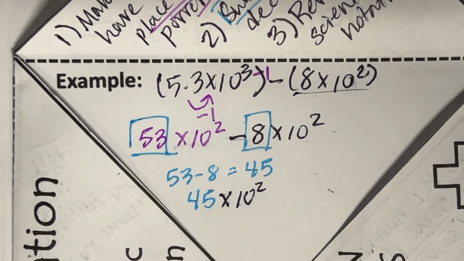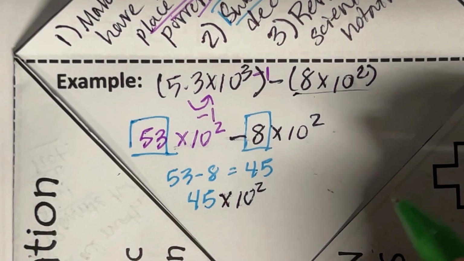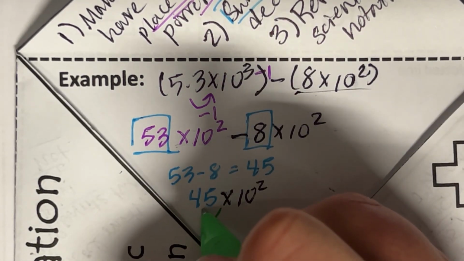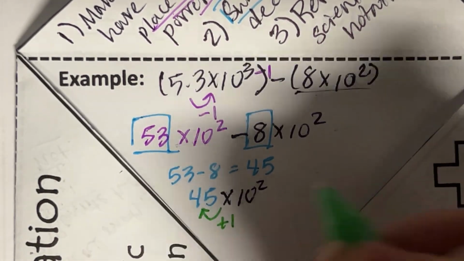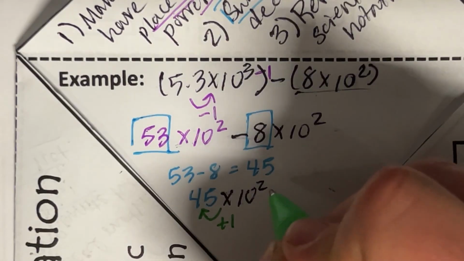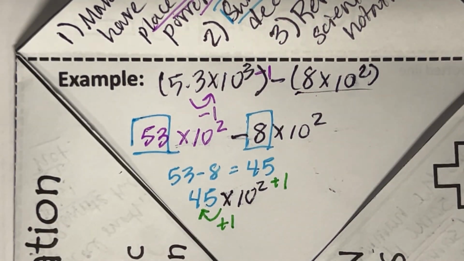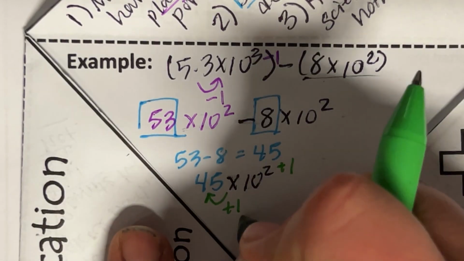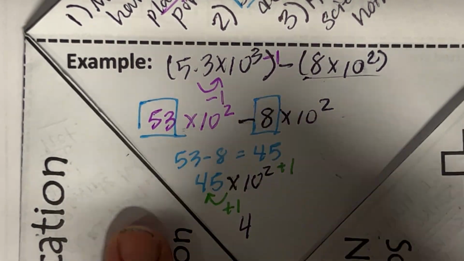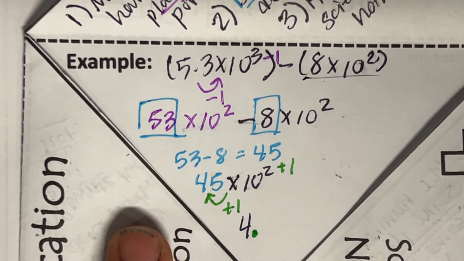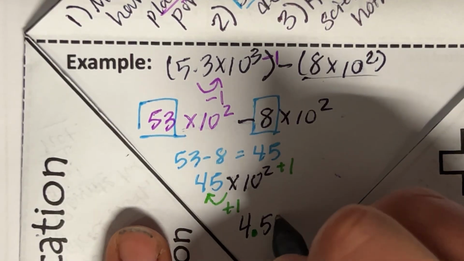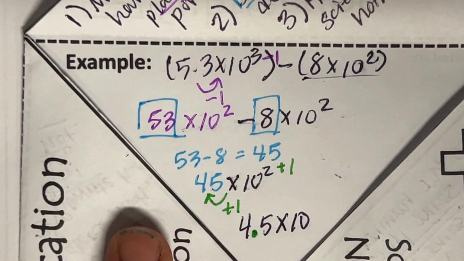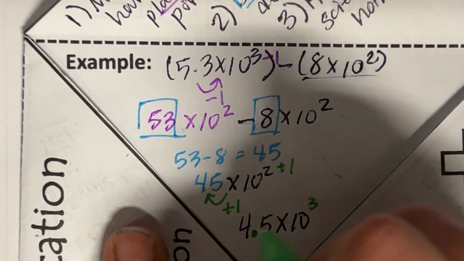So now I have 45 times 10 to the second power. I am now going to shift my place value back, and if I shift it to the left, I'm going to add 1 place value there. So I can now write my final number of 4.5 times 10 to the third power.